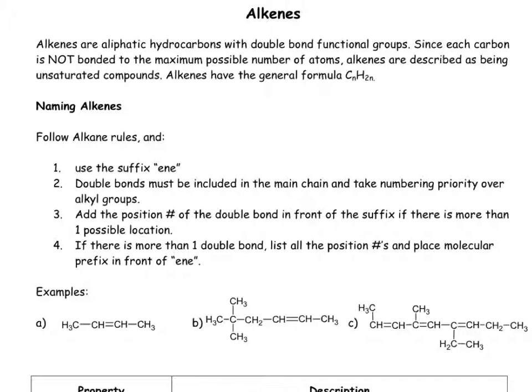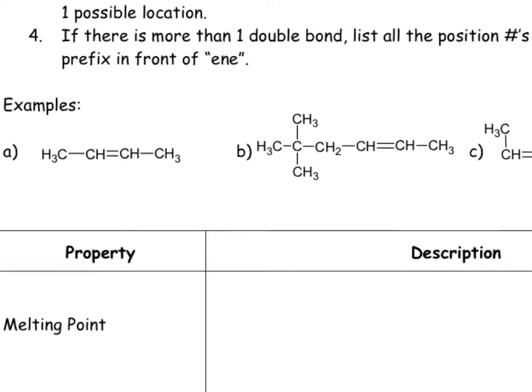You would add the position number to tell me where the double bond is in front of the suffix if there is more than one possible location. If there is more than one double bond, you list all the position numbers and then place a molecular prefix in front of the ene. So, here are some examples.